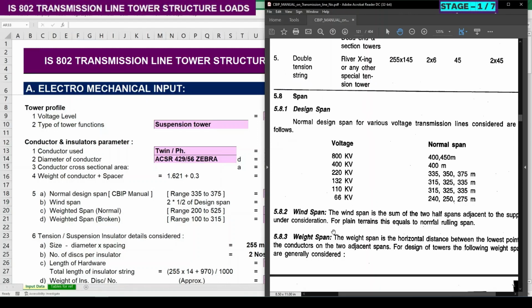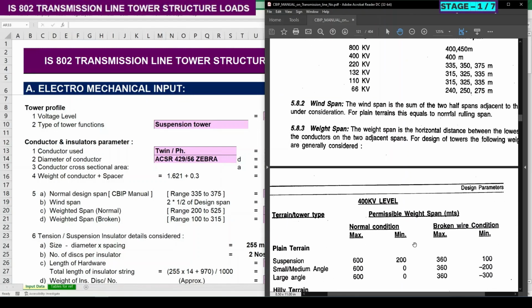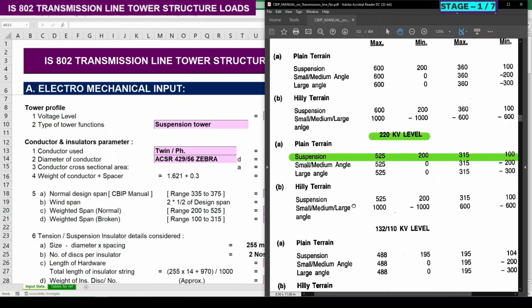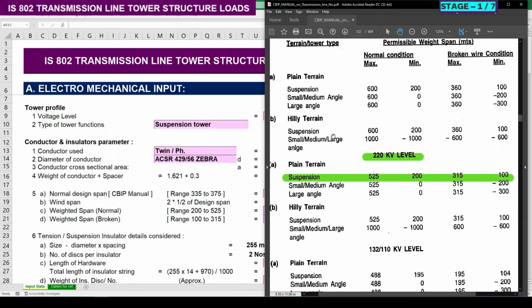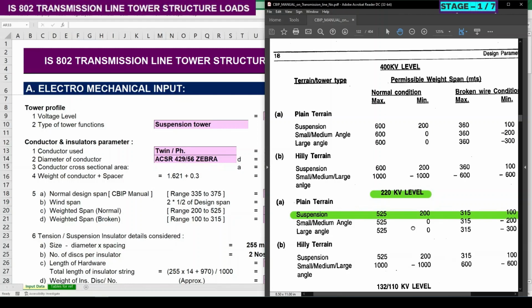Also for wind span the definition is given here, and also weighted span in broken wire condition and the normal conditions are given in this. So we are going to consider as per this. For 220 kV it is mentioned, for suspension, 525 for maximum condition.